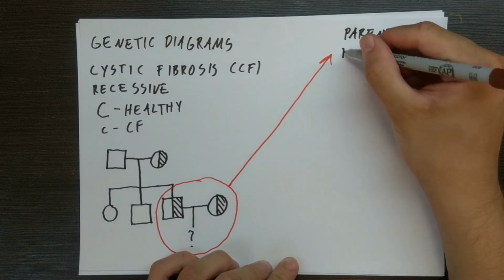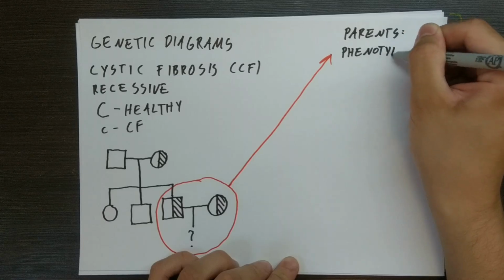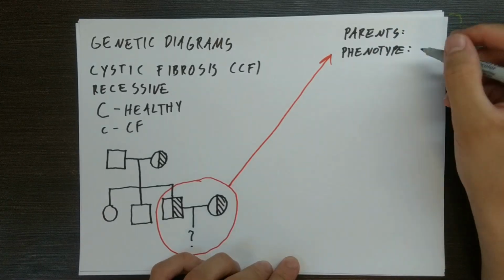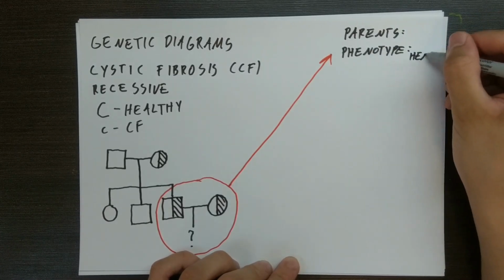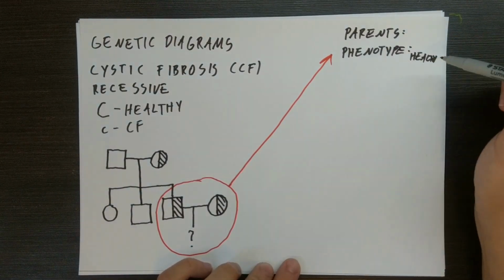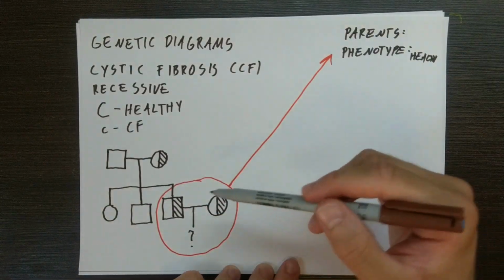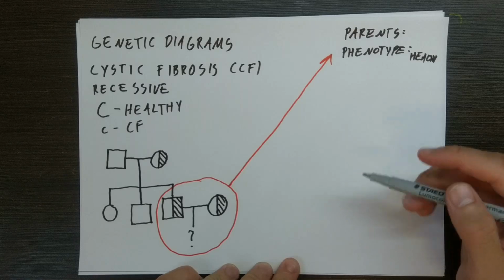Now, their phenotype is healthy, as we talked. Their phenotype is healthy because, as we said, they are carriers. They don't actually have the disease.